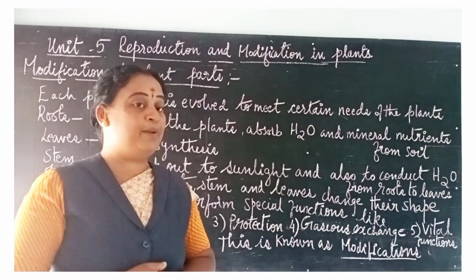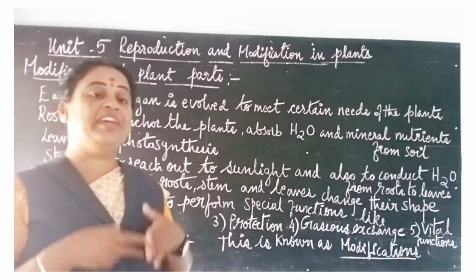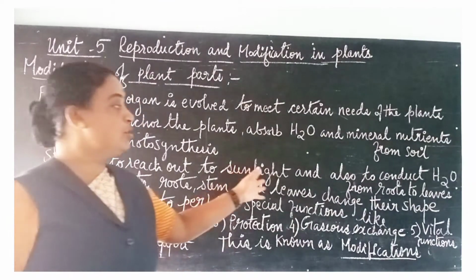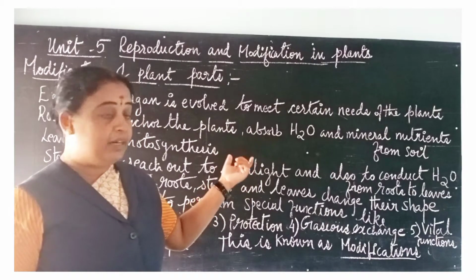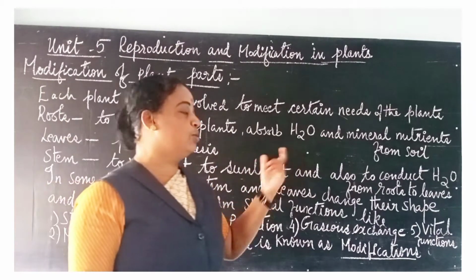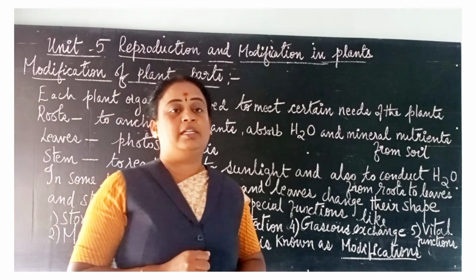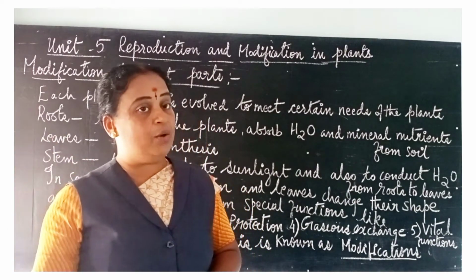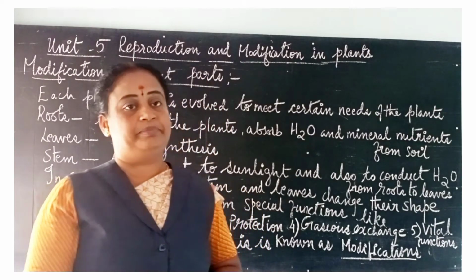Because photosynthesis takes place only in the presence of sunlight. The stem also has a function to transport water and nutrients from the root to the leaves. That function is done by the stem.